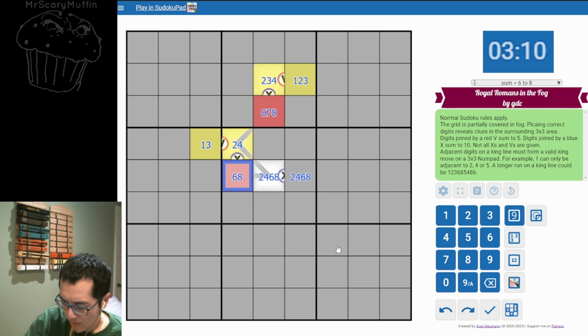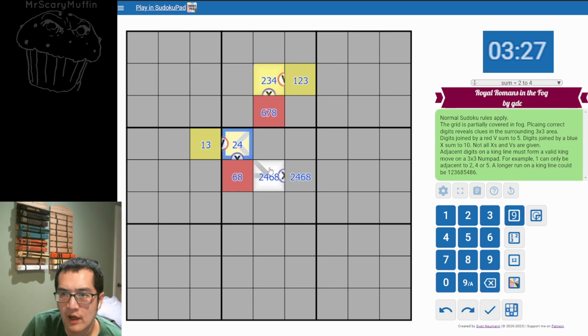Okay. Now what? Can we do a high-low on this? No, can't, because a 2 can go to 4 or 6, and a 4 can go to 2 or 8, so they could go either high or low. We do know these are opposite high-lows, obviously.